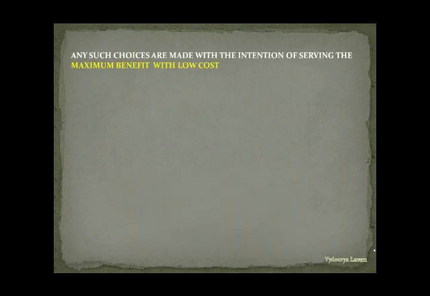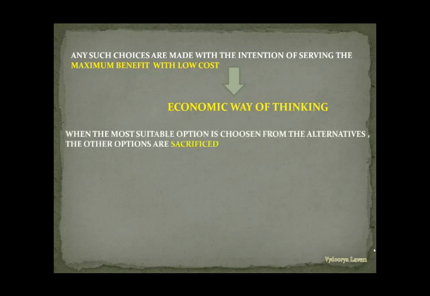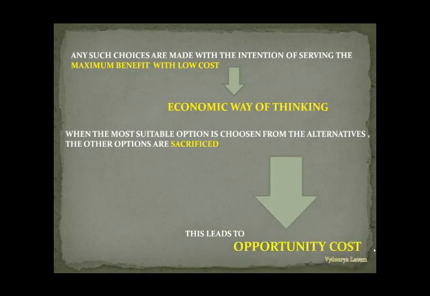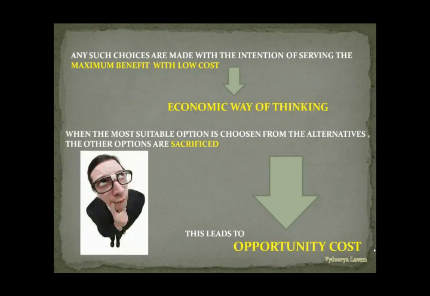Any such choices are made with the intention of serving the maximum benefit with low cost. This is called the economic way of thinking. When the most suitable option is chosen from the alternatives, the other options are sacrificed. This leads to opportunity cost. As I told earlier, the concept opportunity cost would be explained in even more detail in my upcoming session.